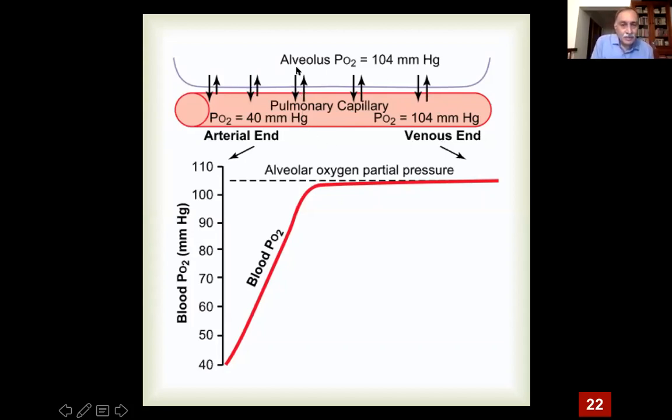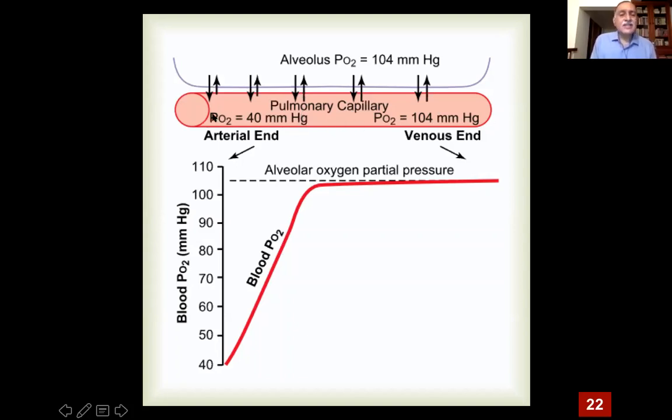Because of this, you see these arrows going back and forth. At the bottom half of the diagram, you find that the blood PO2 from a pulmonary arterial level of 40 millimeters of mercury very rapidly builds up to about 100 to 104 millimeters of mercury by the time the blood has traversed even the first 1/3 of the pulmonary capillary.